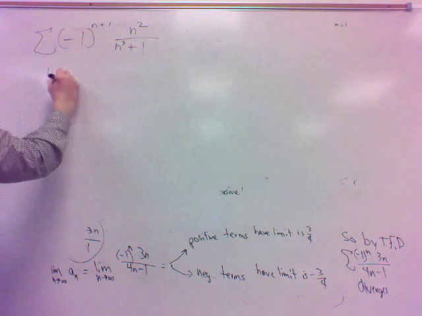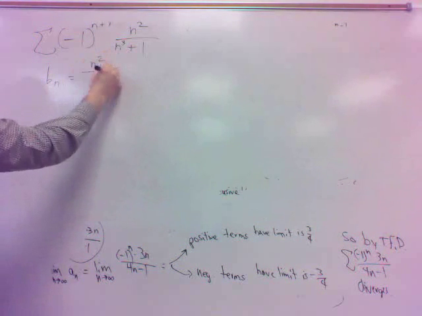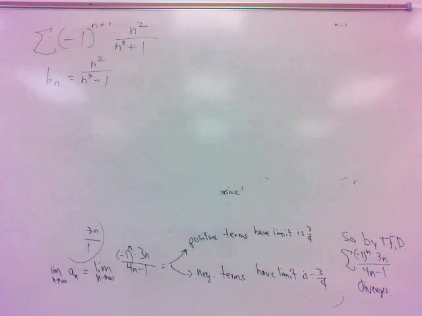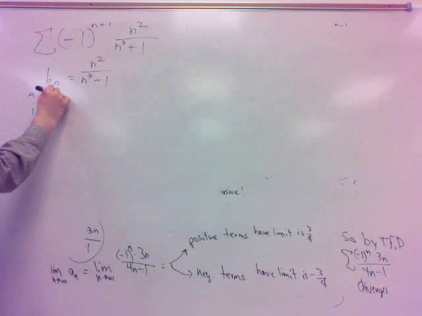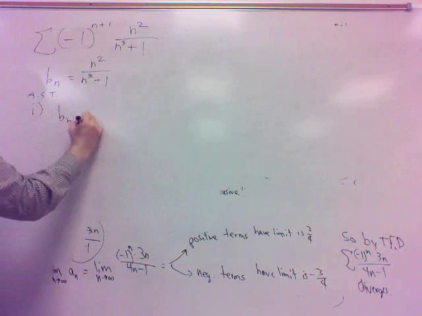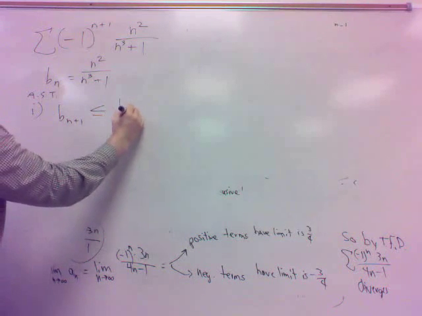So b sub n here, of course, is n squared over n cubed plus 1. All right, so part 1, we need to talk about it. What is part 1 of the alternating series test? Part 1 says, is b sub n plus 1 less than or equal to b sub n?